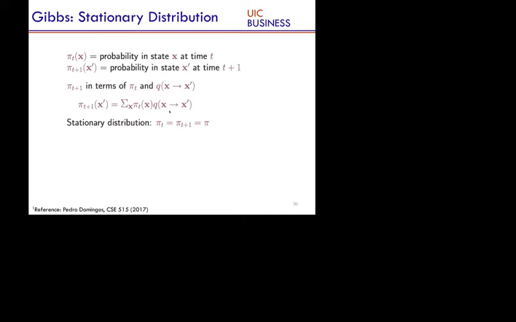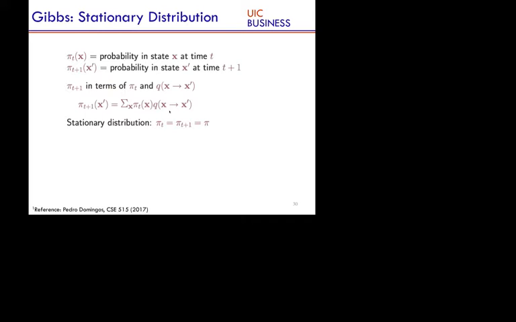So this is the probability of being in state x at time t. The interpretation is that the probability of you being at state x prime at time t plus 1 is going to be the probability that you were in some state x in the previous time t, and the probability that from that state you're going to come to this state. So it's a very interpretable definition.